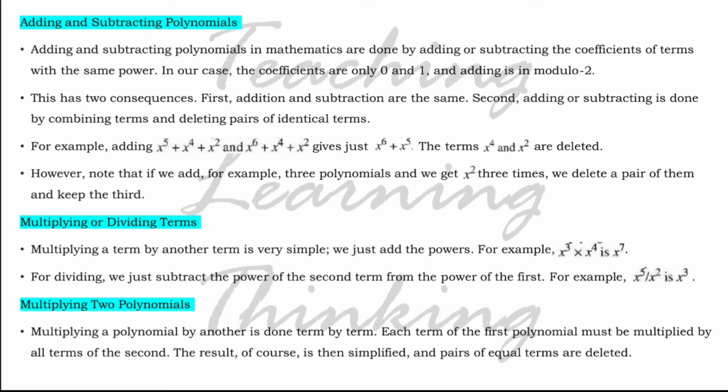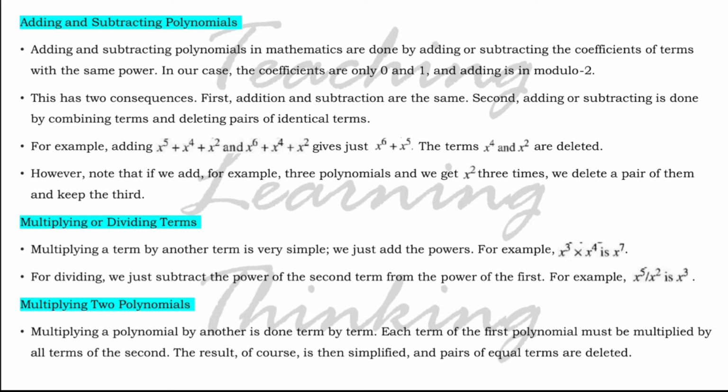In addition, we get x raised to 5 plus x raised to 6 plus 2 times x raised to 4 plus 2 times x raised to 2, so the pairs are deleted. If we get x raised to 2 three times, we delete the pair of them and keep the third. So that will be the output.